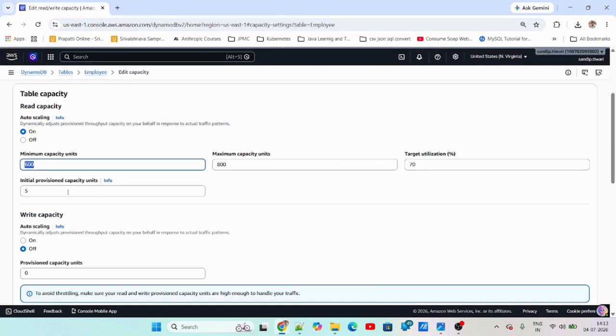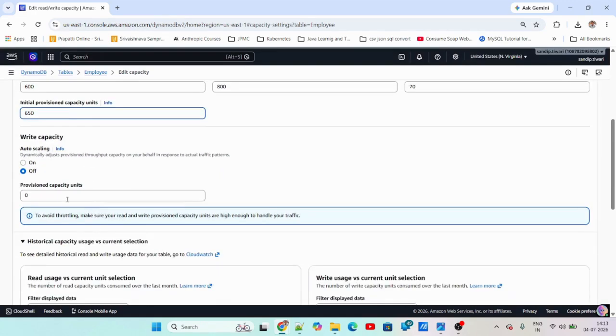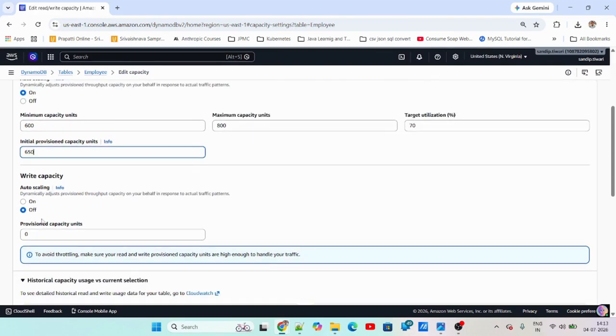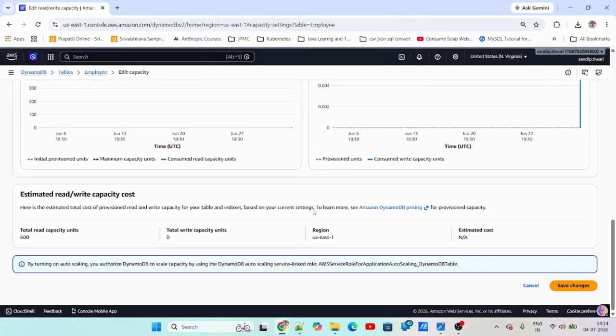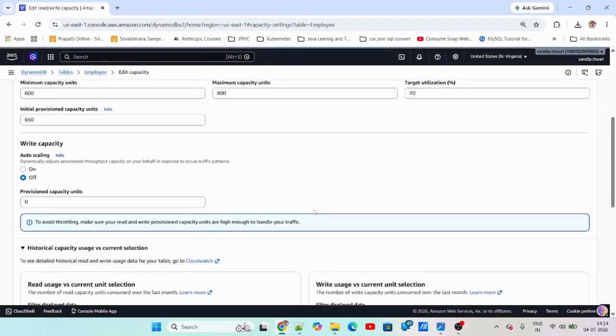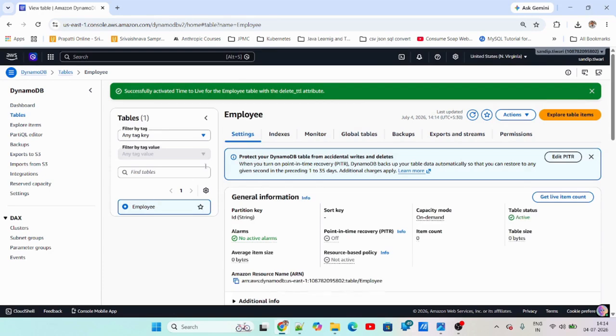And the initial provision capacity, say 650. This is how you can set the auto scaling as well. And if you don't set auto scaling, then you just provide the provision capacity units. We have already seen how to calculate the provision capacity units. I'm not changing anything here for now, but this is an option that you can use.